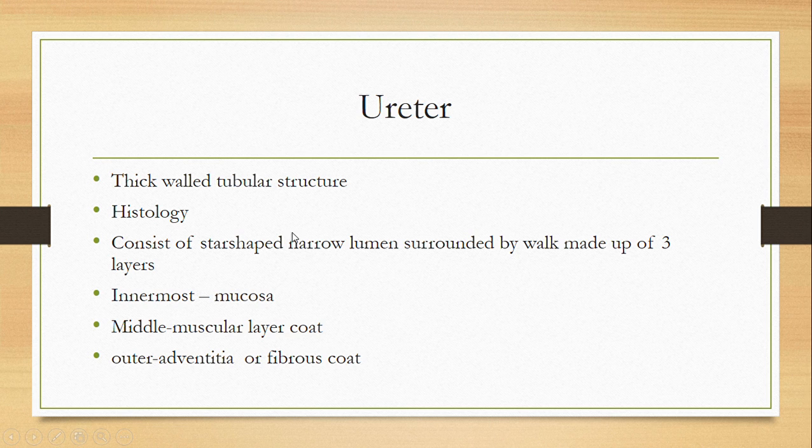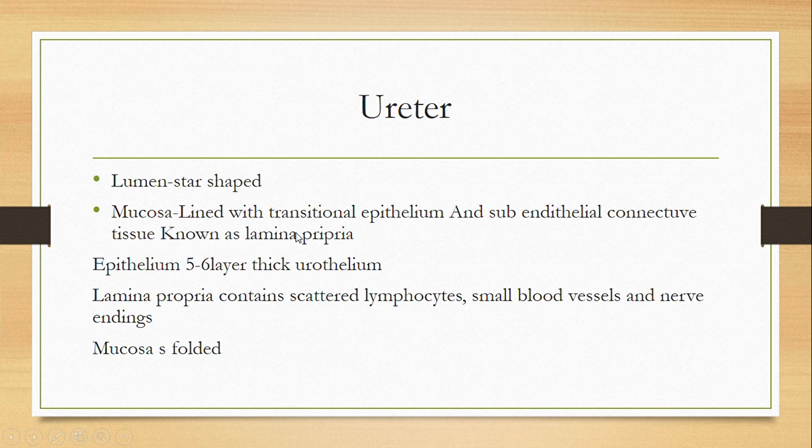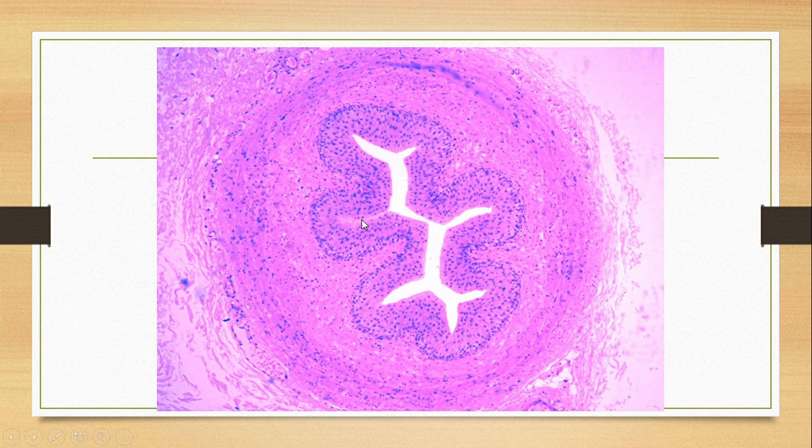Now we will learn about the histology of the section. This is how it appears under the microscope. It is a tubular muscular tube, formed of smooth muscle. We have studied three types of muscles: striated muscle, smooth muscle, and cardiac muscle.